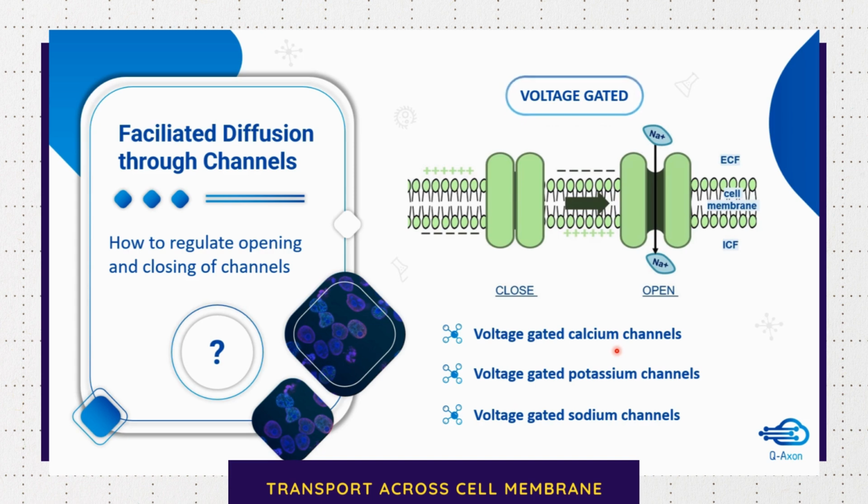That's why energy will not be used. So, if we are considering potassium channels, when they open, potassium will always move from intracellular fluid to extracellular fluid because potassium is more inside the cell. On the other hand, for sodium channels, sodium will move from outside to inside the cell.